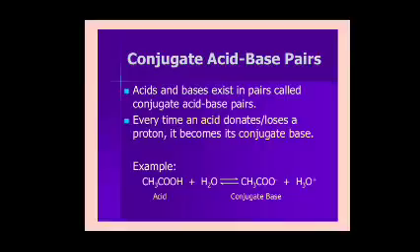Acid and base exist in a pair called a conjugate acid-base pair. Every time an acid donates or loses a proton, it becomes its conjugate base. The acid and base differ by only one proton.